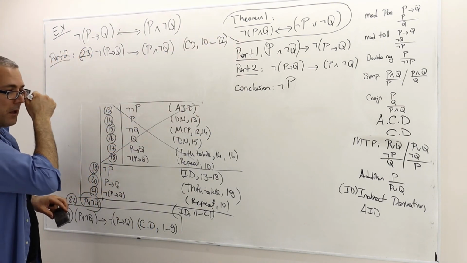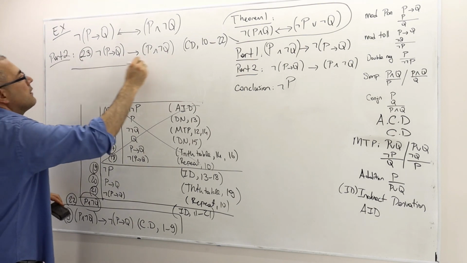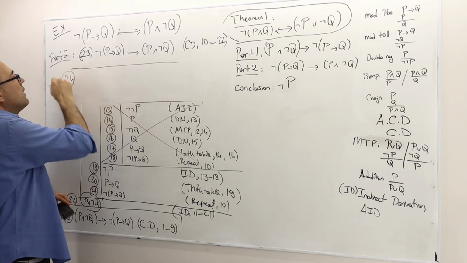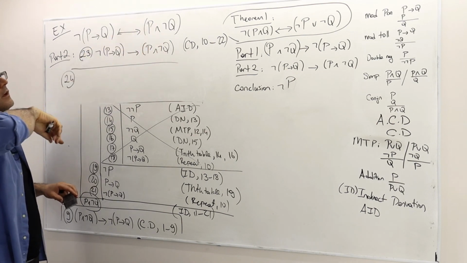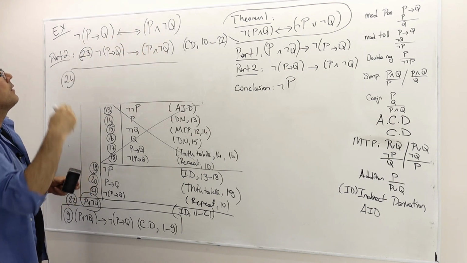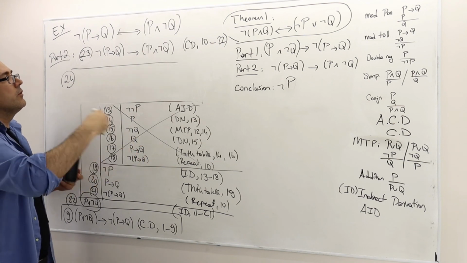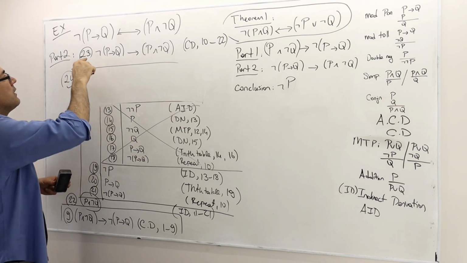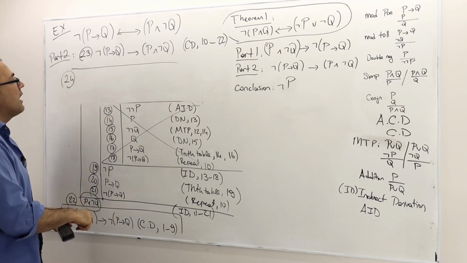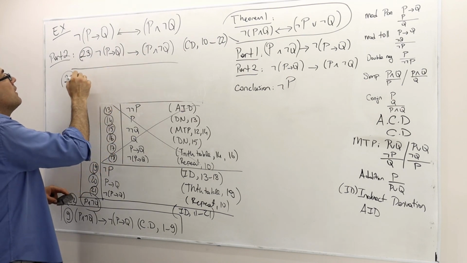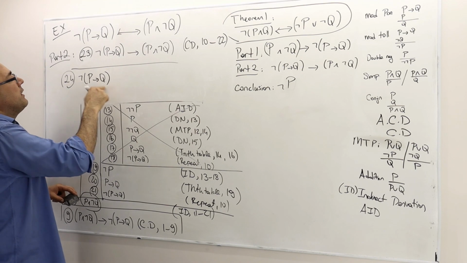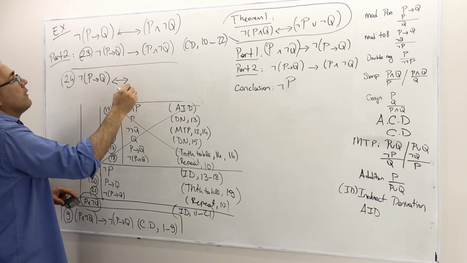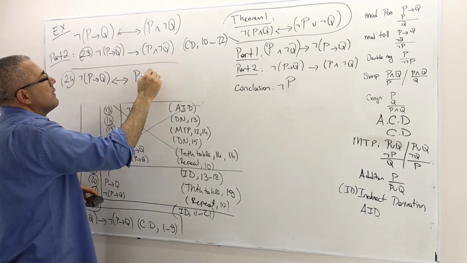So finally, in line 24, remember P if and only if Q is equivalent to P implies Q and Q implies P. So in line 23 and line 9, I basically show that. So I can conclude that not P implies Q if and only if P and not Q.